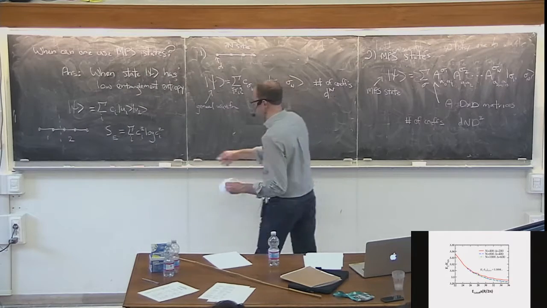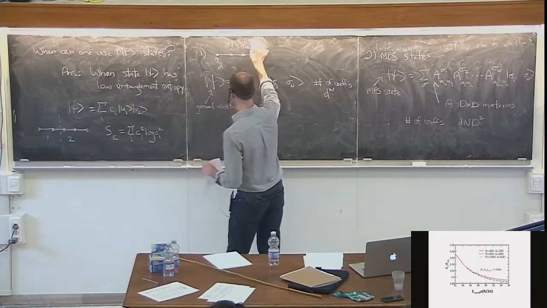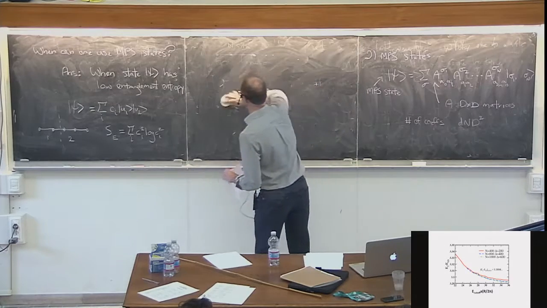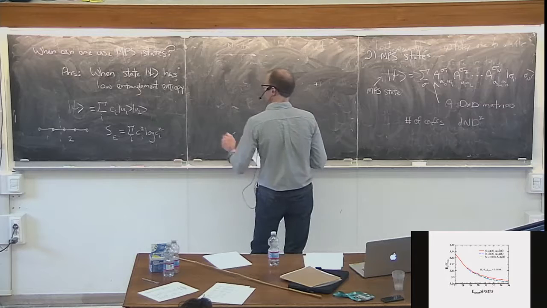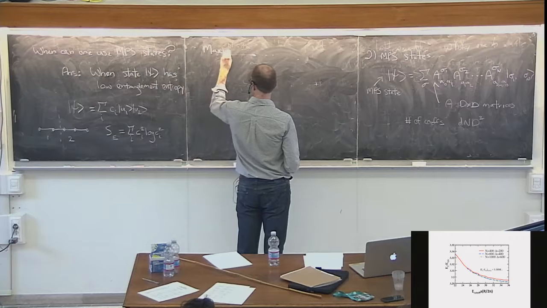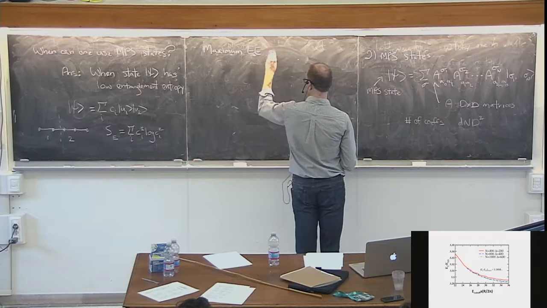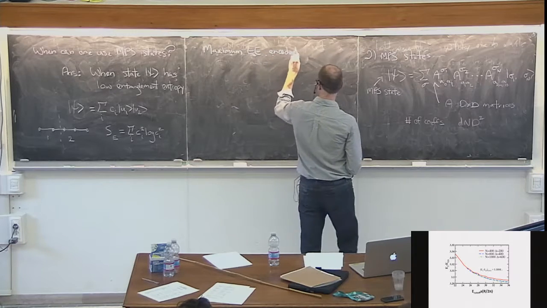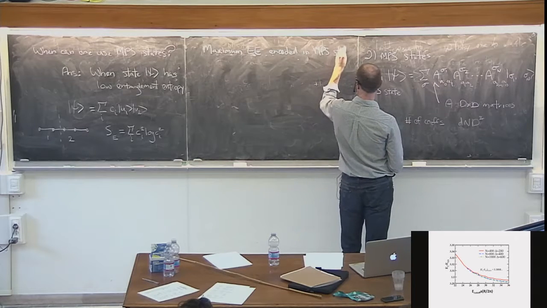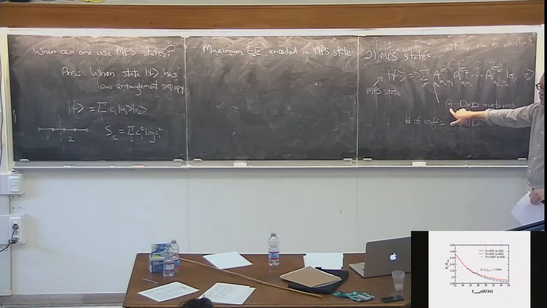And so the MPS states are good if this quantity is small. And the way to understand this is that the maximum entanglement entropy encoded in an MPS state is basically related to the size of your matrices A.